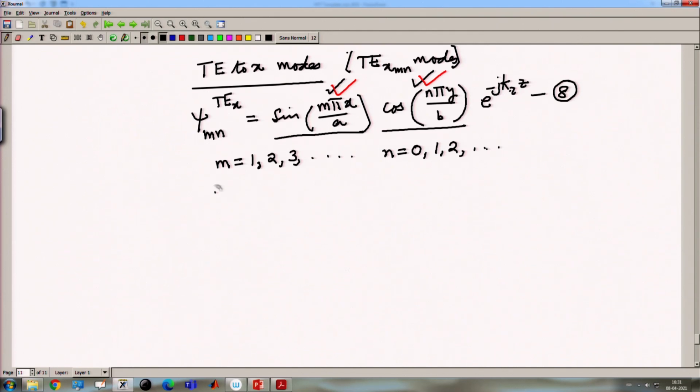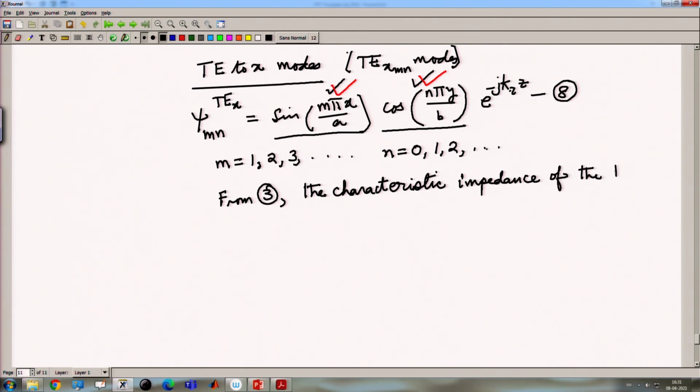So now from equation 3, the characteristic impedance of the TM to X modes can be calculated.